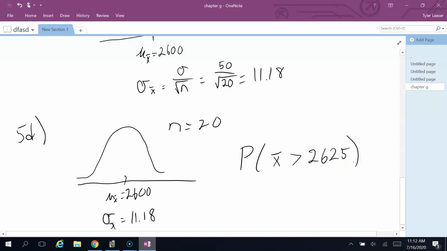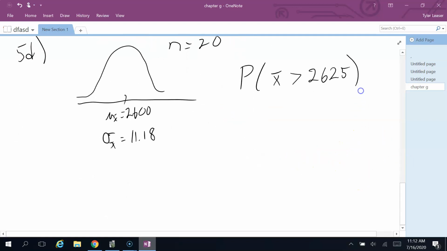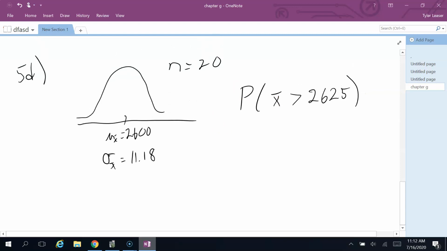So instead of just looking at a single pregnancy and having the probability of that single pregnancy needing more than 2,625 calories per day, we're going to be taking a random sample of 20 women, and we want the average of those 20 pregnant women to be more than 2,625 calories per day. Okay, other than that, this question is the same as the Chapter 7 part.